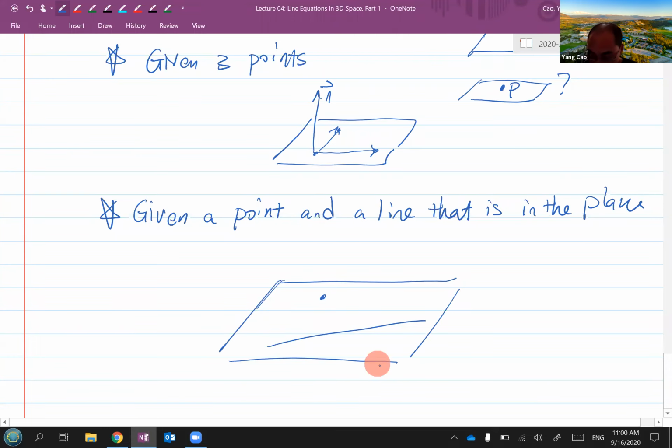Now the question is, if I have a line and a point, what is the plane equation? Again, the effort is to find the normal vector to the plane, because you already have a point on the plane, so you can use that point as the coordinates for the plane equation. So how do I find a normal vector to the plane for this kind of situation?